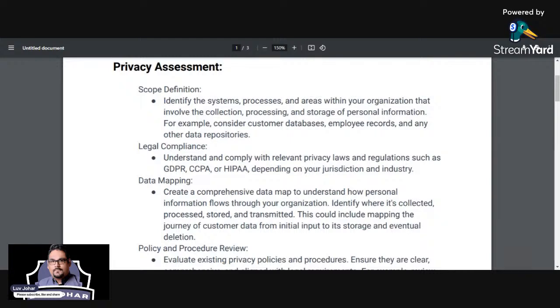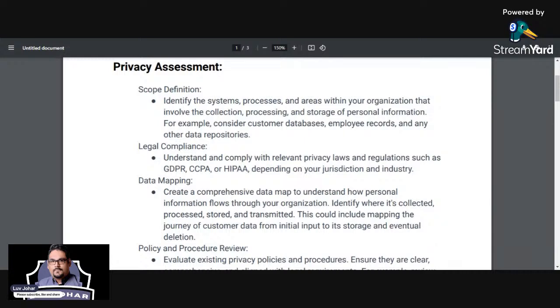You have to do this only where personal data is involved. Okay, we will come to that, what sort of personal data is there. For example, we have seen customer databases, client information, client contact details, client addresses, employee records, employee details, and any other sort of personal data repositories that you have in your organization. Okay, so then you have to define the scope only around those systems. Okay, hope that makes sense.